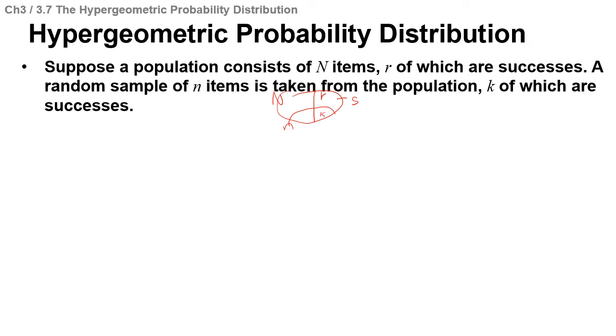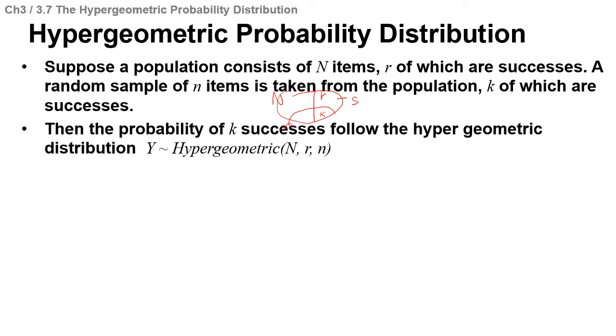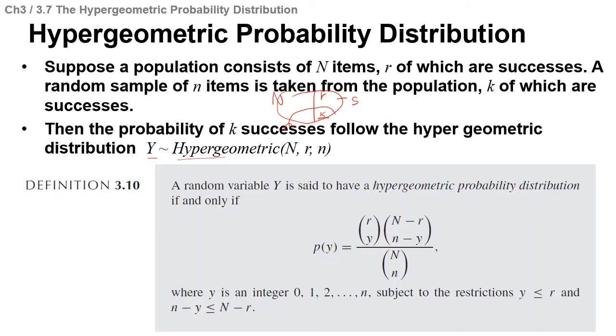So this is the situation, and then the probability of k successes follows the hypergeometric distribution, and we denote this as Y follows hypergeometric(N, r, n). The total number of events is N choose n.